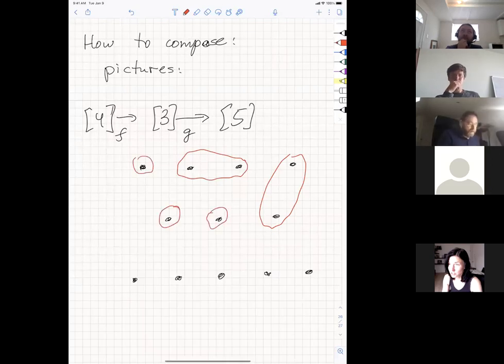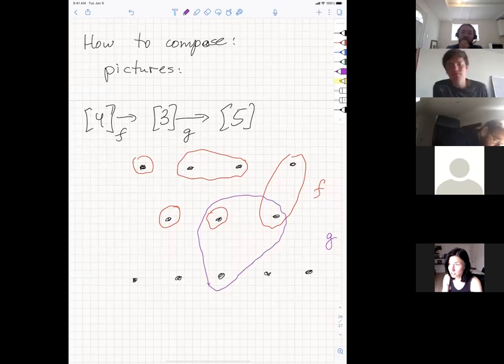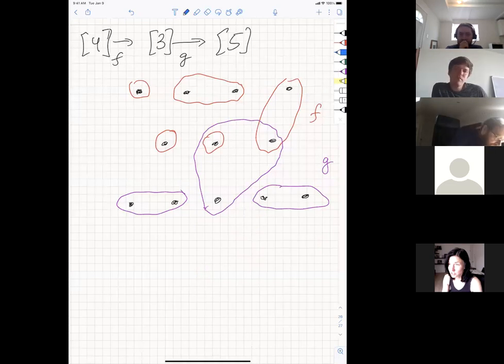This is going to be my morphism F. And then there is a morphism G, which I will draw in purple, which will be a set partition of the second and third row. So let's say we will have like this, like this.